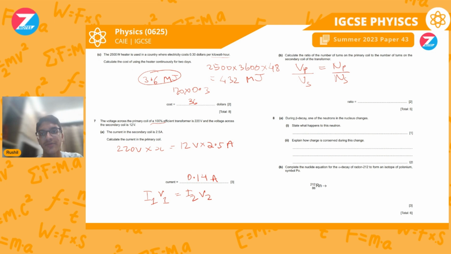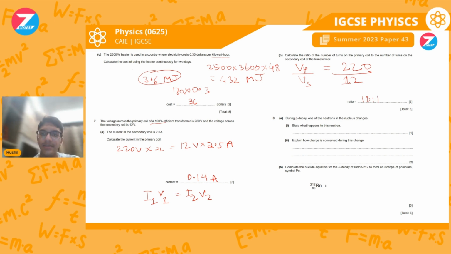The more the turns, the more the voltage, because the magnetic field is cut more times, so a greater voltage is induced. We already have the ratio of primary voltage to secondary voltage, which is 220 by 12, and that is also the ratio of the turns. So 220 by 12 is 18.33. When we round it to two significant figures, it's 18:1.